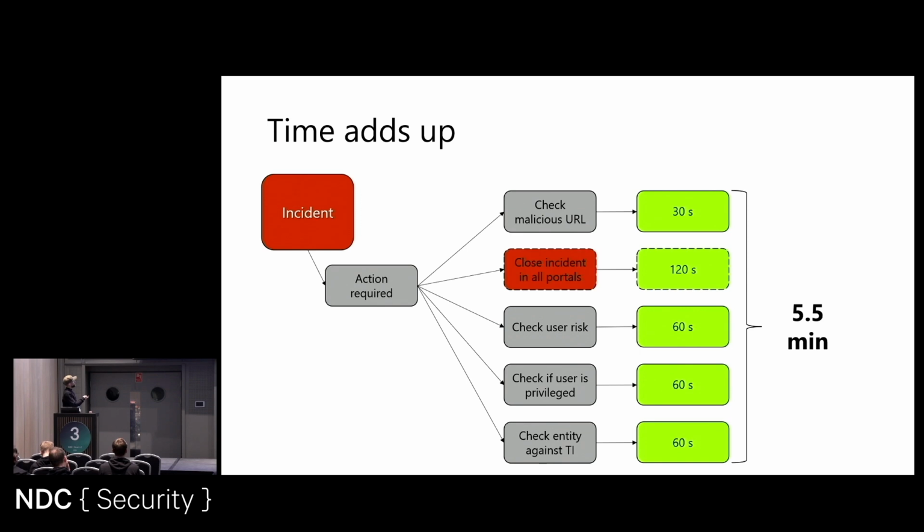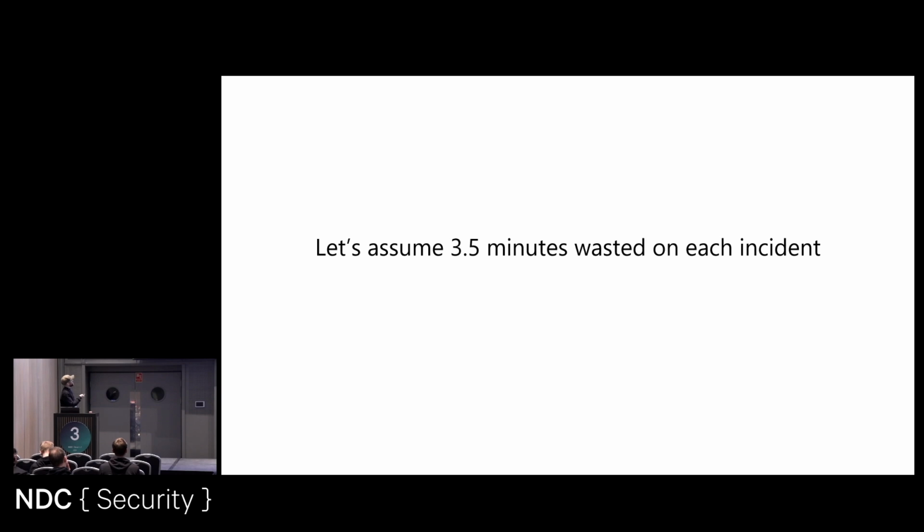One incident, and then if you change a little bit without automation, maybe it's shorter. So I made a calculation. Let's say we have spent 3.5 minutes on things we could have automated per incident. Now we have more than that, but let's say we have 10 analysts. We have 20 incidents that they handle daily. It's a lot more, trust me. And then they spend 3.5 minutes on enrichment and doing things that we could have automated.